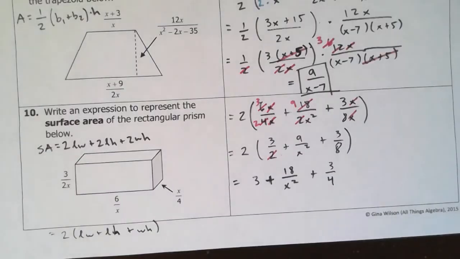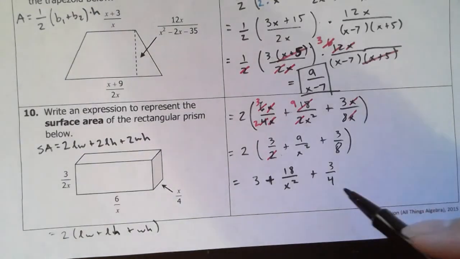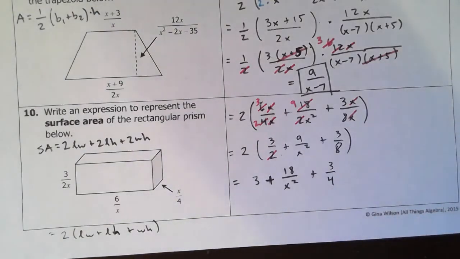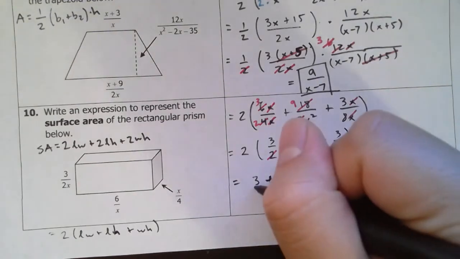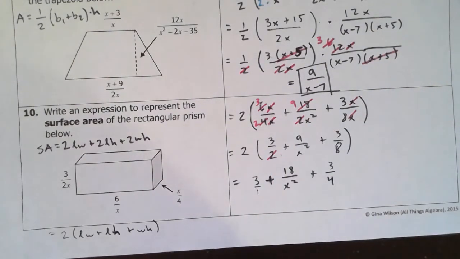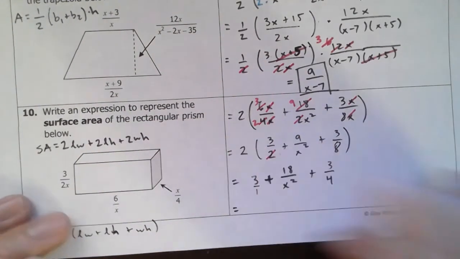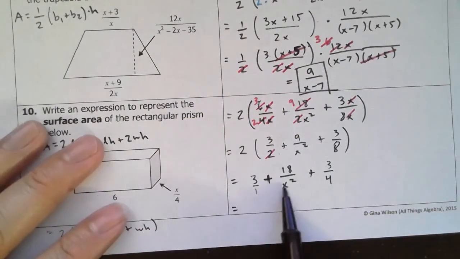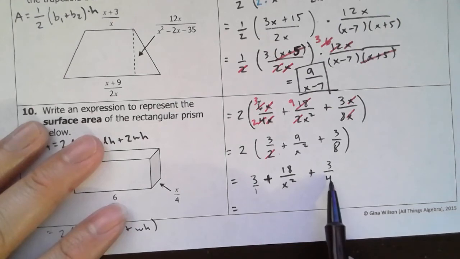Now I have this expression here, and this is the one where we're going to have to merge to get the like denominator for all three. So this 3, you could really write as 3 over 1, right? And then from here, this one has an x squared, this one has a 4, so I have to work with these two terms as my denominator.